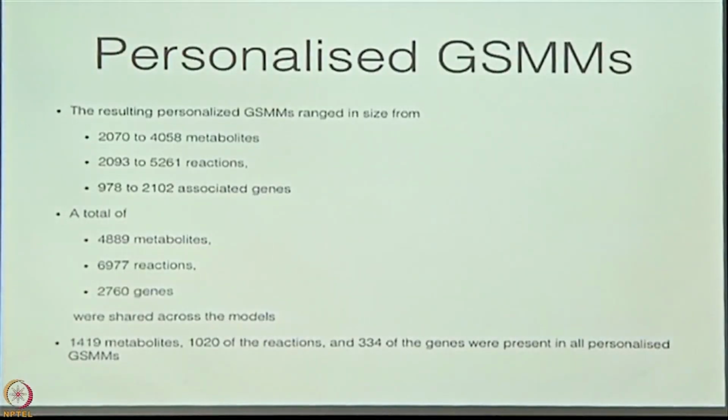This is some of the statistics that it threw out. I won't go into all that except to say that 1400 metabolites, 1000 reactions, and 334 genes were present in all the personalized models. It was common.